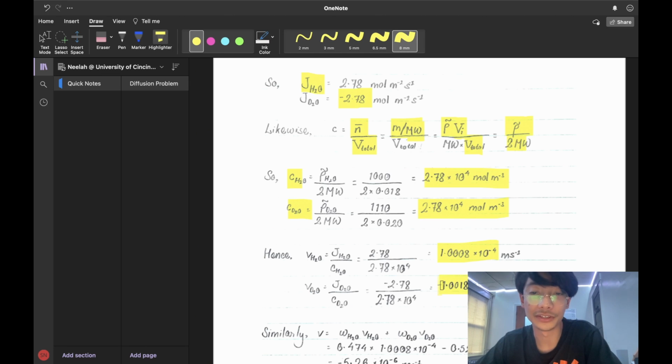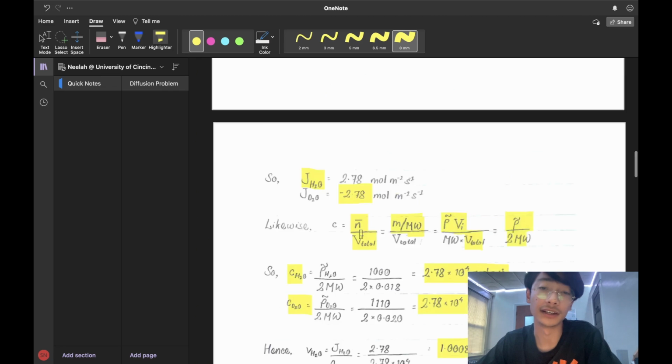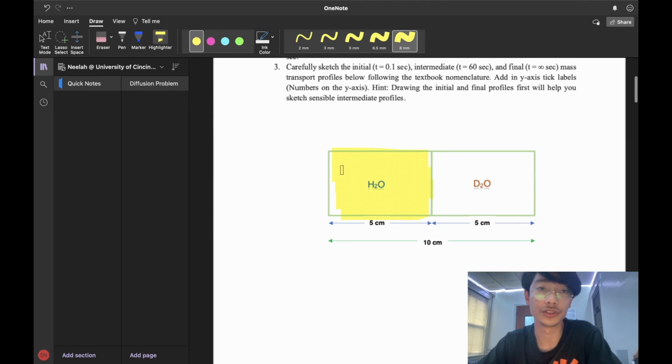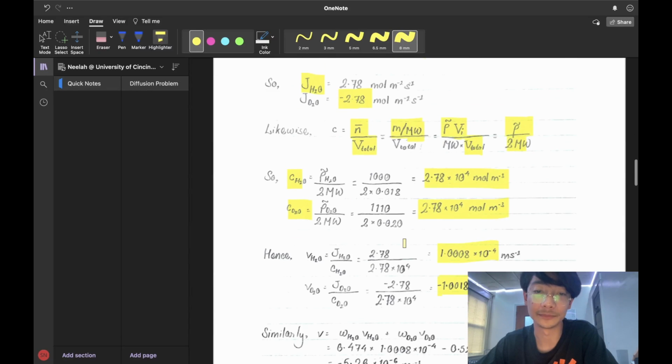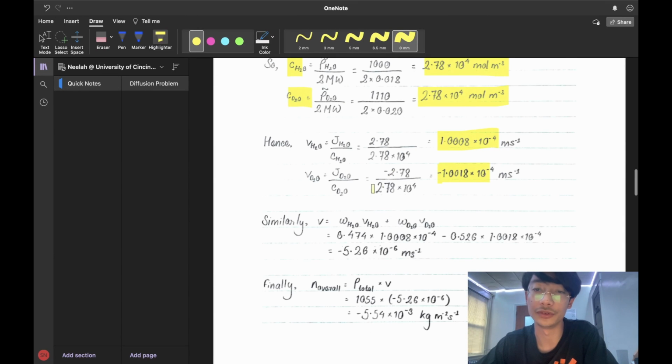The negative value here makes sense because in this situation, if water is being diffused in this z direction, let's assume that direction to be positive, then D2O needs to diffuse in the opposite direction, which means it will have a negative velocity since the directions are opposite. So that's why the negative sign in the mass average velocity of D2O makes sense.